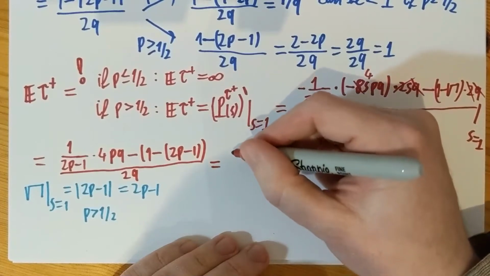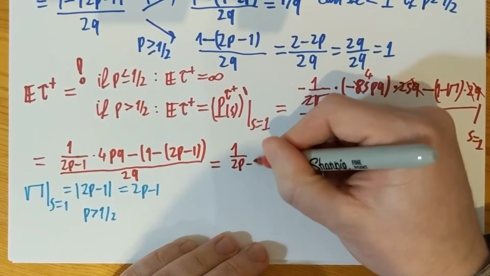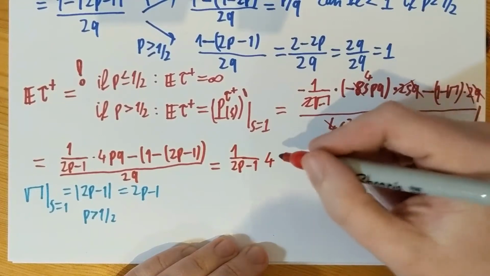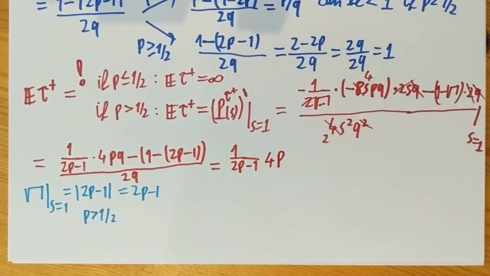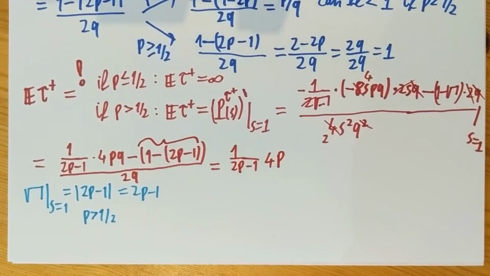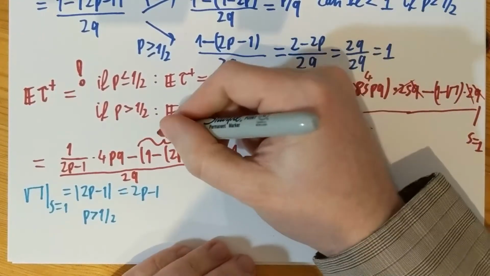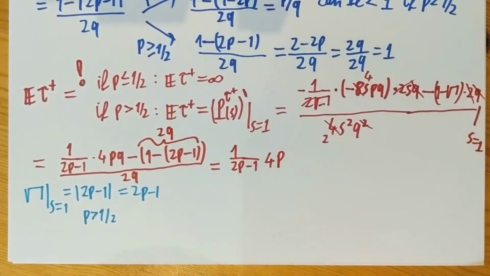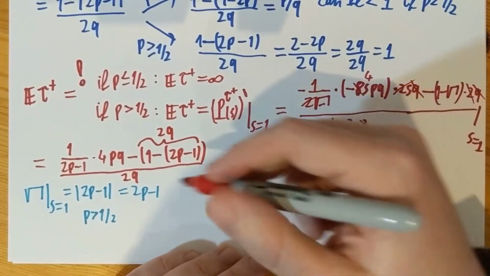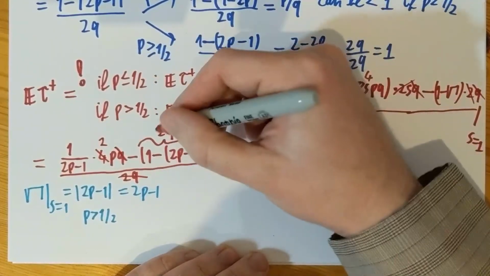So 1 over 2p minus 1 downstairs here, a 4p, and let me not yet write down the q, because if I look carefully, I notice that I have a positive 2 minus 2p. 2 minus 2p is just 2q. So I can actually cancel out the 2q, and that makes only a 2 out of here.